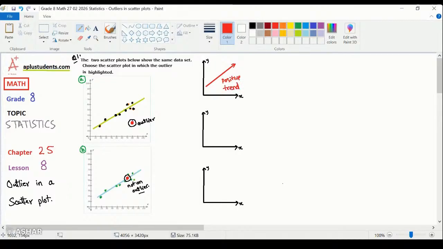Whenever the line is going downwards, that means we have a negative trend.